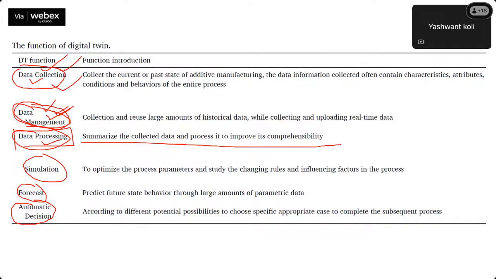Data processing handles computationally heavy WAM processes like heat transfer, melt pool, and stresses. All the computational processing is done, like heat transfer equations, melt pool equations, and stress analysis. Everything can be computationally processed.